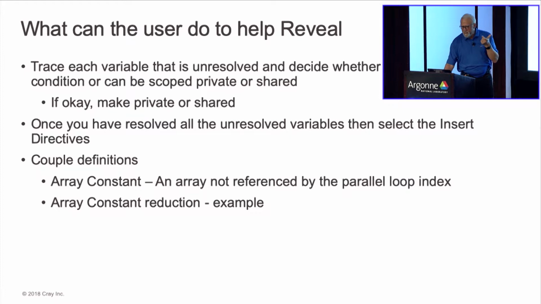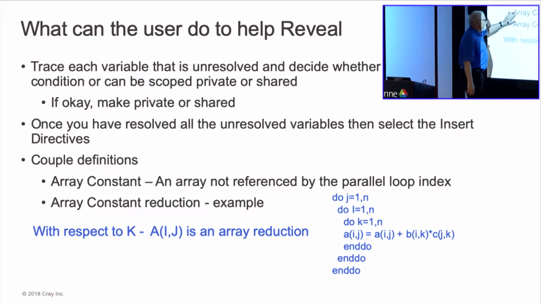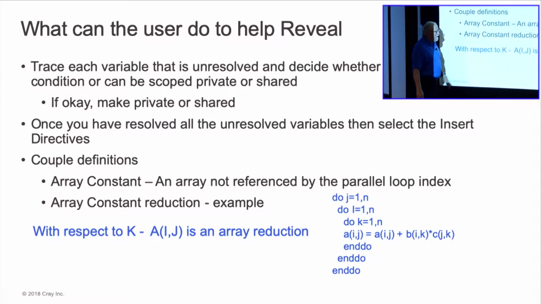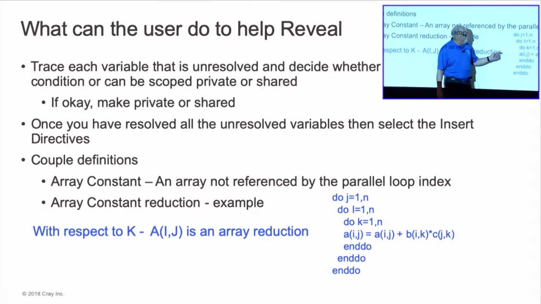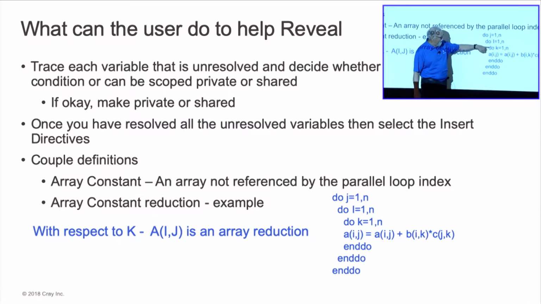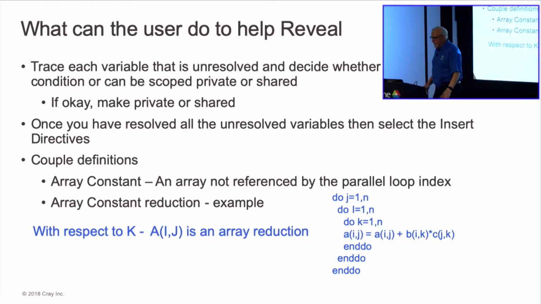And the thing that really gets you are these array constants and array constant reduction. For example, if I'm parallelizing on K, A of ij is an array constant because it's independent of k.